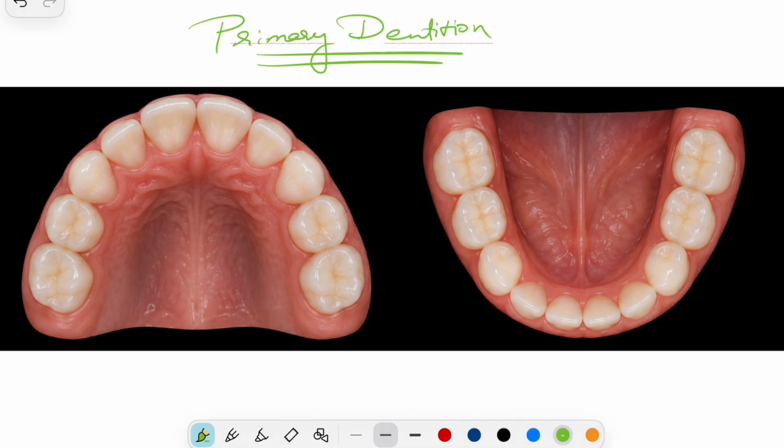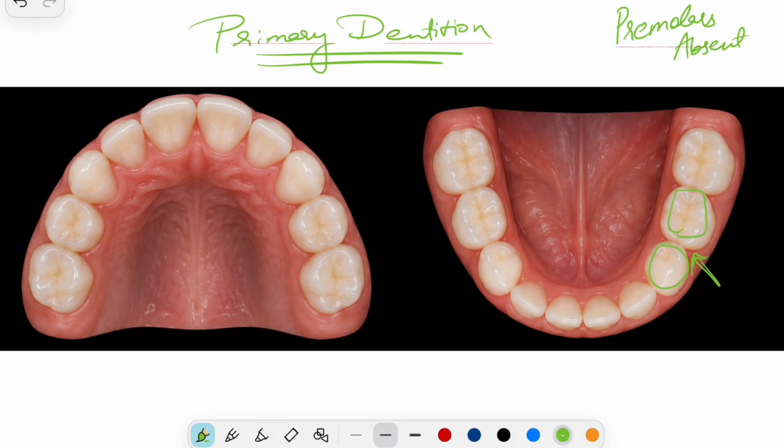So, what is missing? Which type of tooth is missing in primary dentition? I think most of you might be able to guess it. Premolars are absent here. You can see we have canines and then we have molars here, so we don't have a premolar in between them.